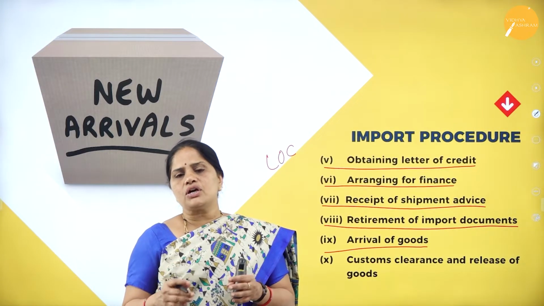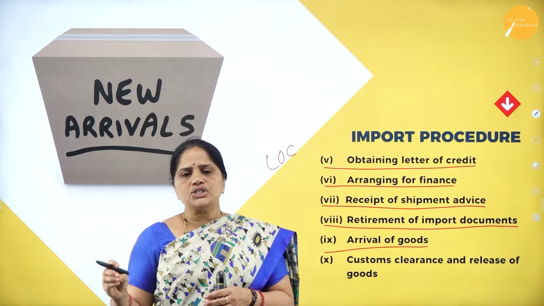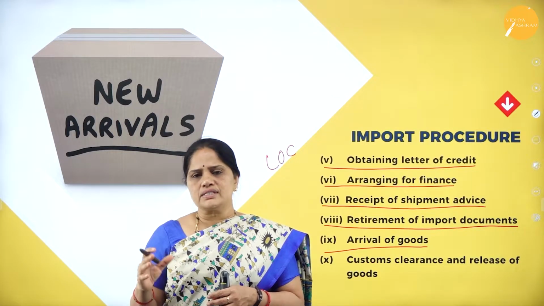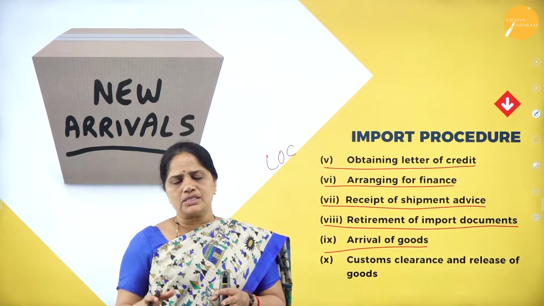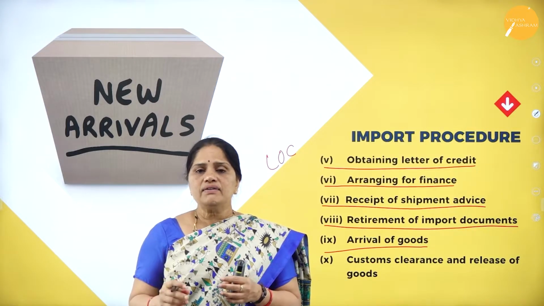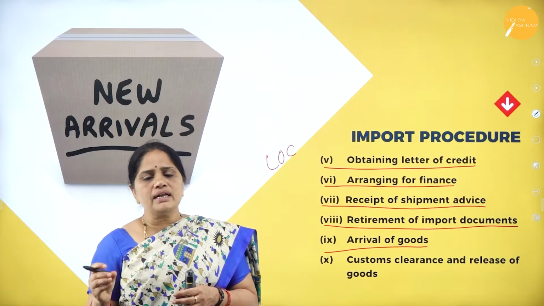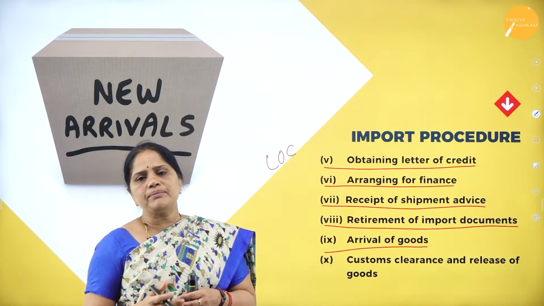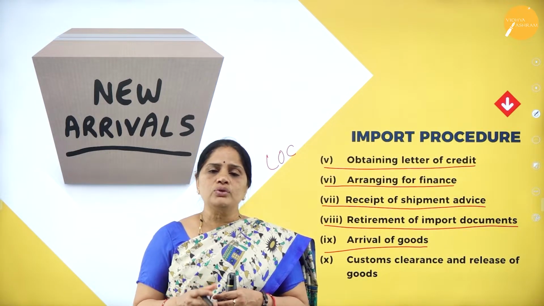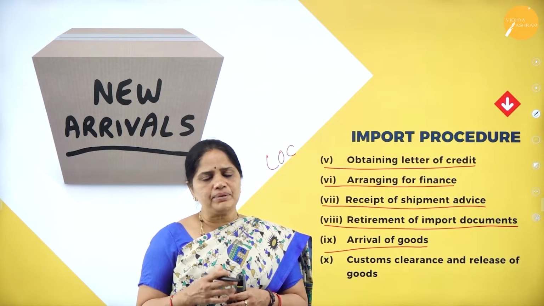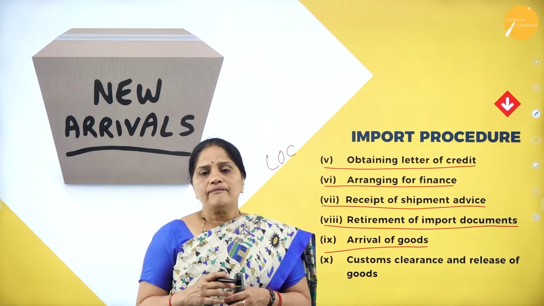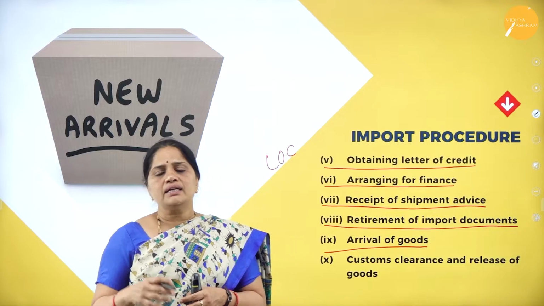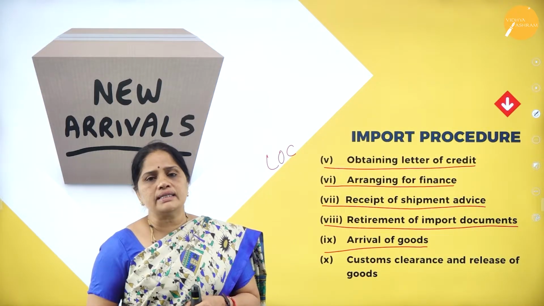He will give this document to the officer in charge in the dock. So whoever is the dock authorities or the port trust, whoever is the officer there, he will give him the import general manifest, and in this import general manifest it will be mentioned what kind of goods are to be unloaded in that particular port. So once he receives this, then the goods can be unloaded in that port.